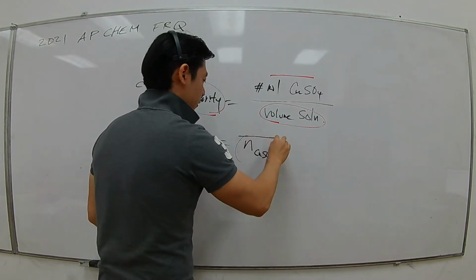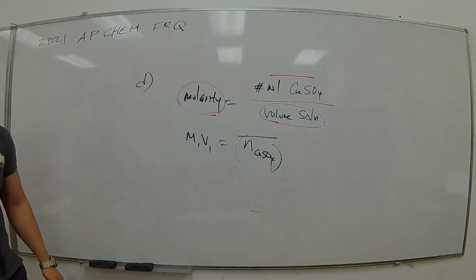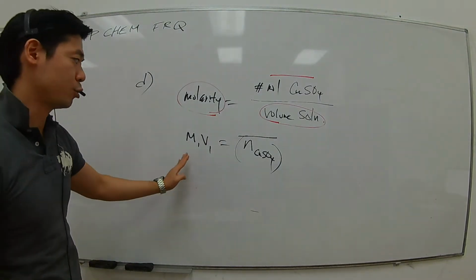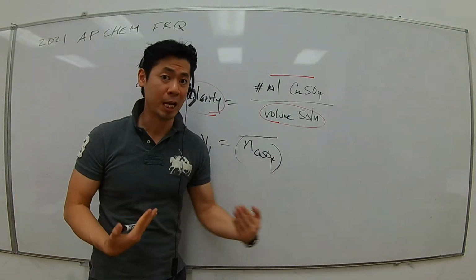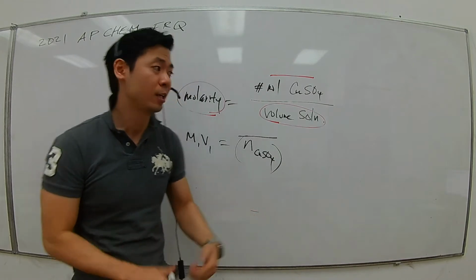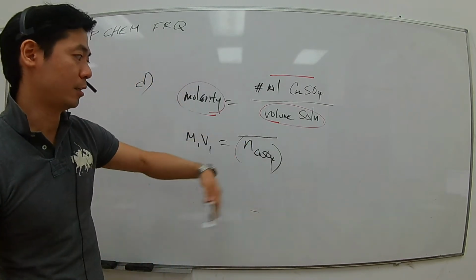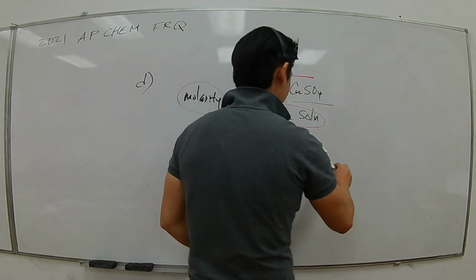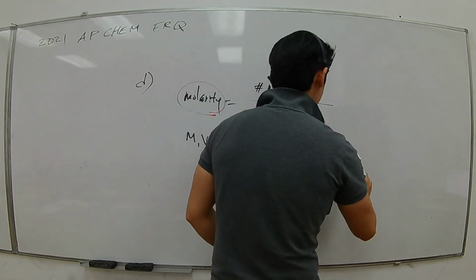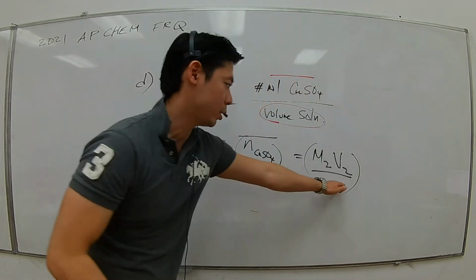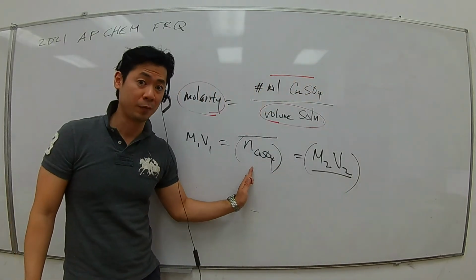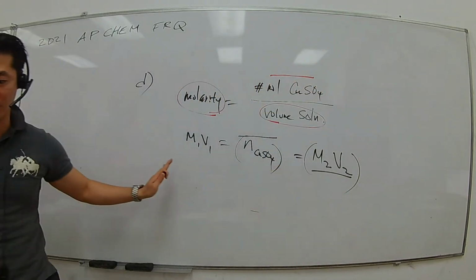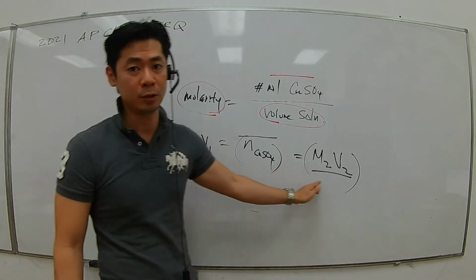You can change the volume and concentration, but when you multiply them, it should still equal the number of moles. So the equation becomes molarity second, volume second, which should still equal the number of moles of copper sulfate initially present. That becomes the equation M1V1 equals M2V2.